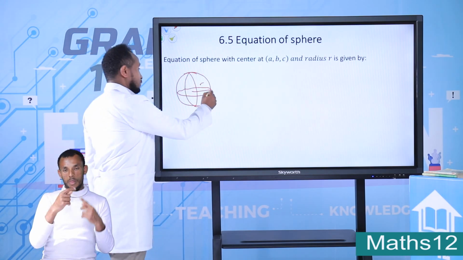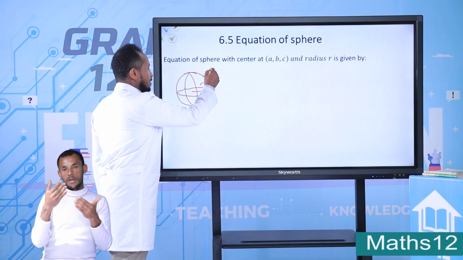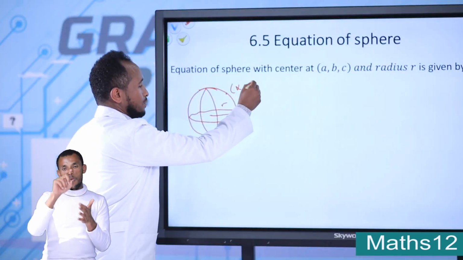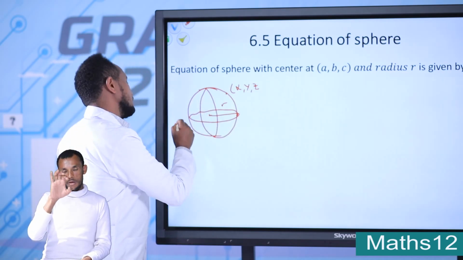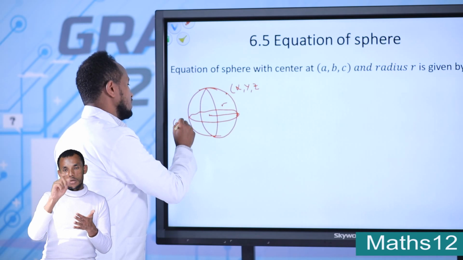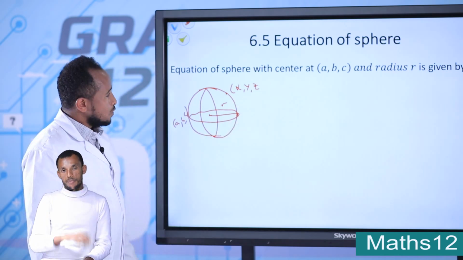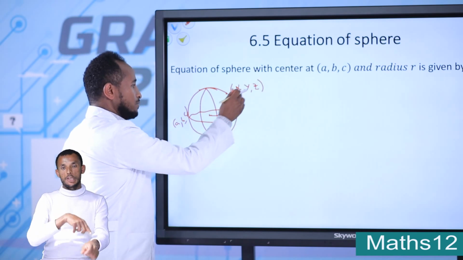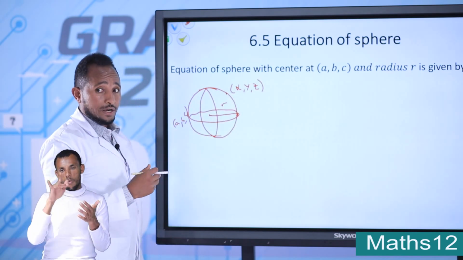So to write the equation of this sphere, simply take any arbitrary point x, y, z on the sphere. Assume the center of this sphere to be a, b, c. So the distance between the center and any arbitrary point on the sphere is this radius.